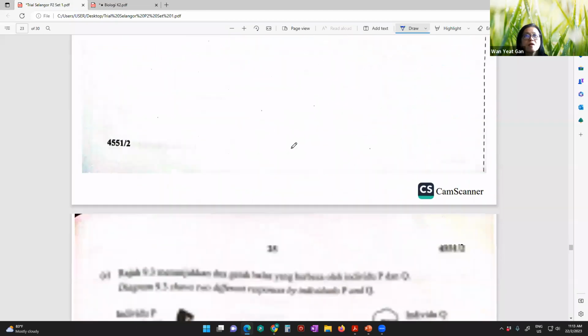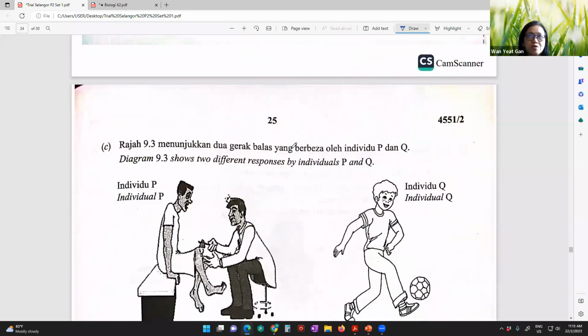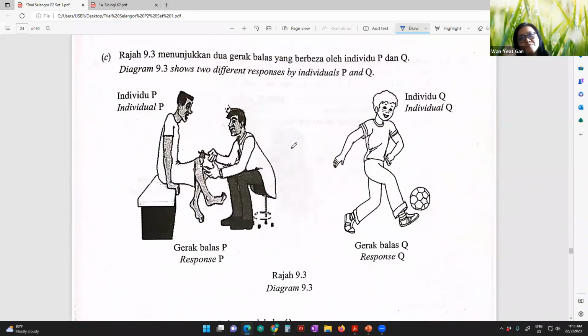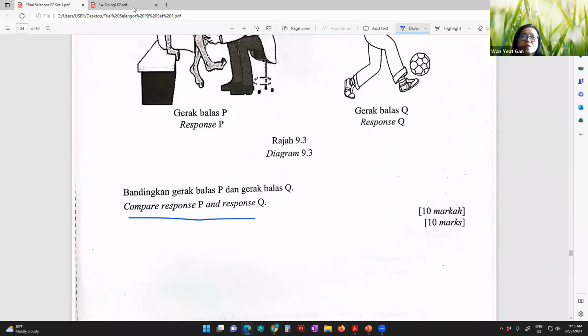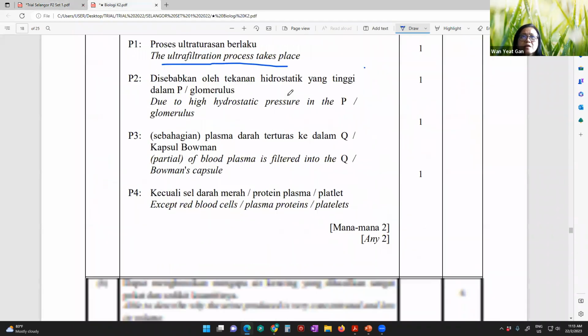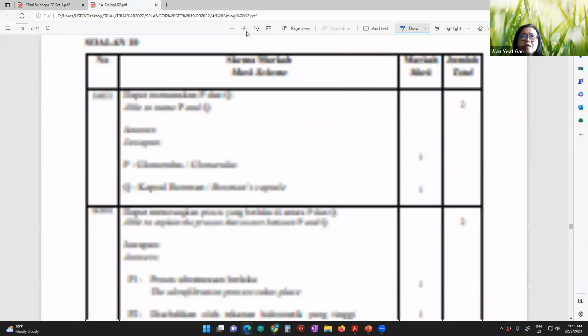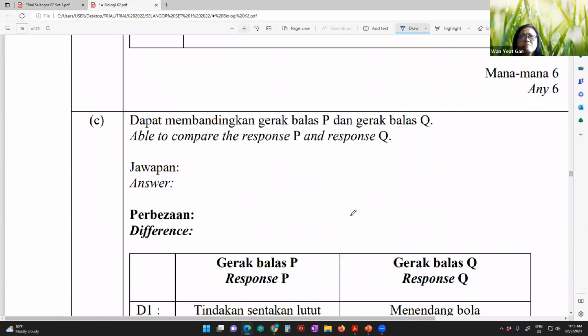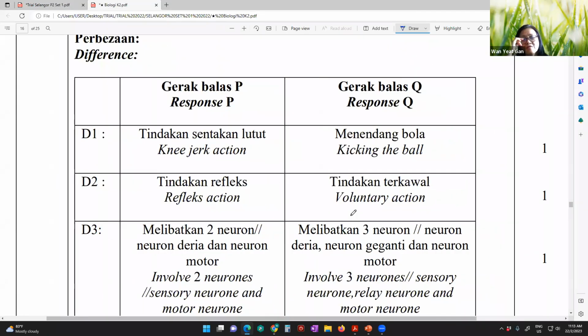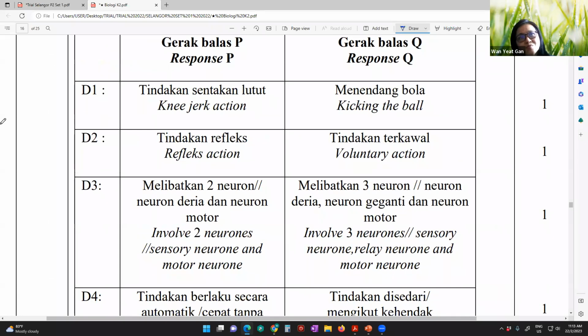Okay, next. Diagram 9.3 shows two different responses by individual P and Q. So you can see here, this is a knee-jerk reflex. This is a boy playing football. Okay, so compare response P and Q. Now, for response P and Q, you can draw a table like this because it is easier for the examiner to mark.